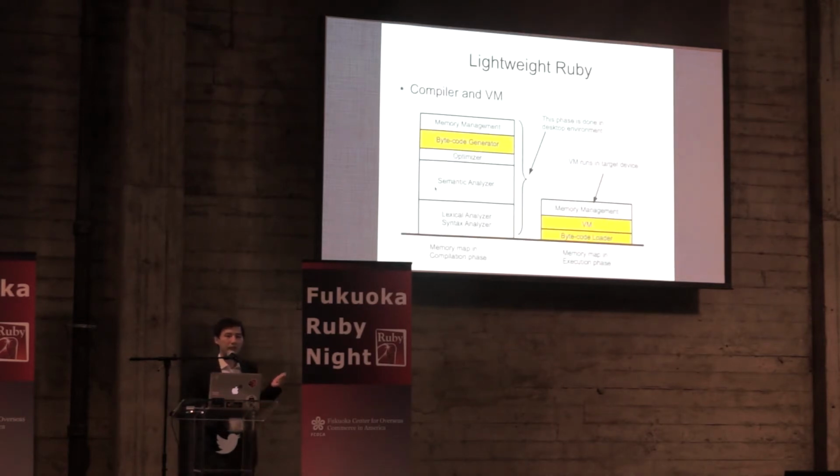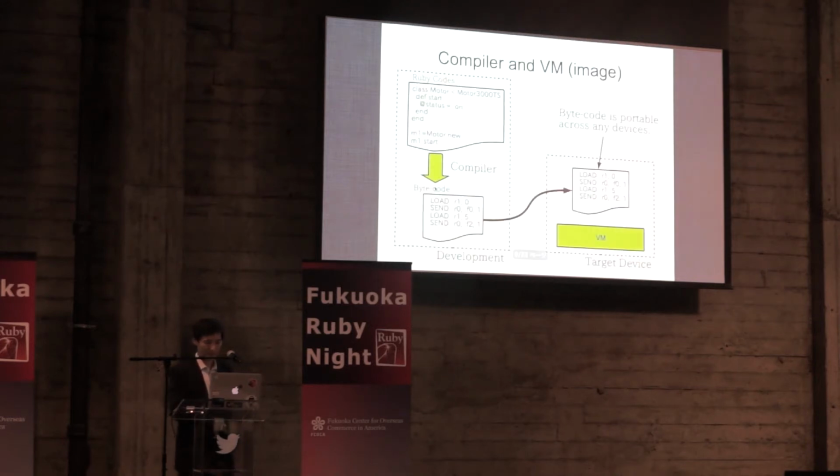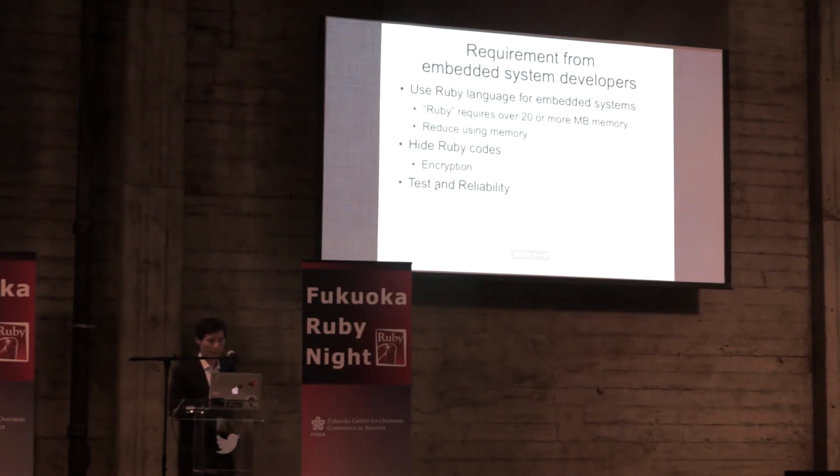In the development or preprocessing phase, the bytecode of the Ruby language is generated. And in the execution phase, the Ruby bytecode is loaded and executed only. At this point, this separation is like the Java language. Java compiler and JVM are very similar.